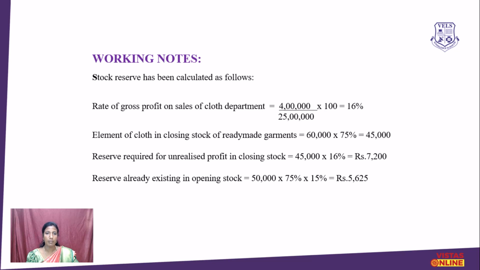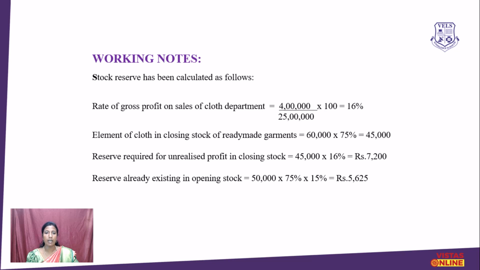Stock reserve has been calculated as follows. Rate of gross profit on sales of cloth department equals 4 lakh divided by 25 lakh into 100, so gross profit of cloth department is 16%. Element of cloth in closing stock of ready-made garments equals 60,000 into 75% equals 45,000.